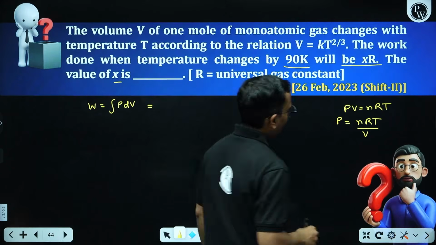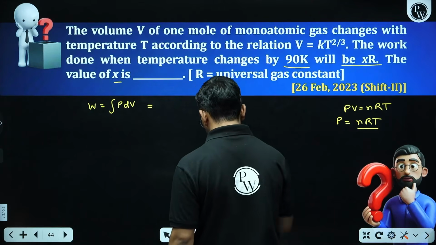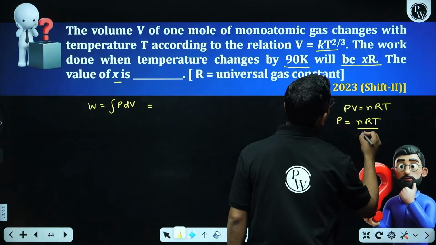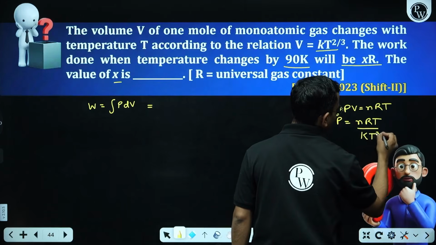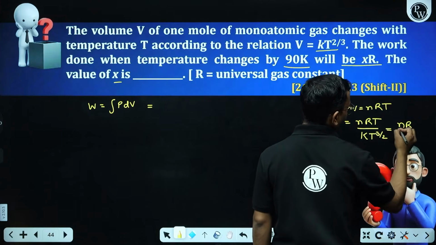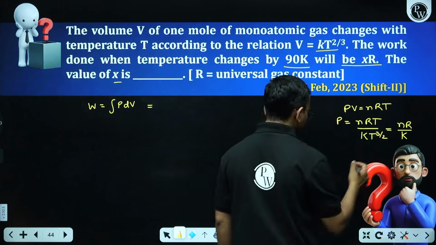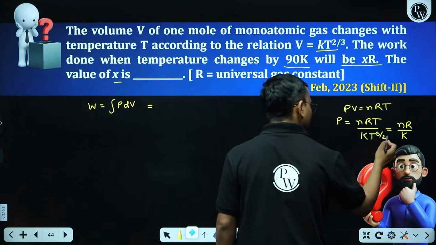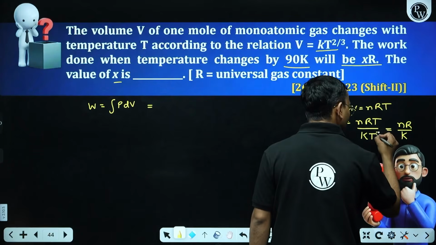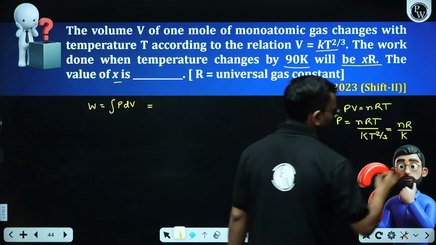So we can write nRT by V, and V I can put here in terms of K and T, so K T to the power 3 by 2. So what it is? nR by K, and this will become T to the power 1 minus 3 by 2, 2 by 3. So 1 minus 2 by 3 is 1 by 3. T to the power 1 by 3.